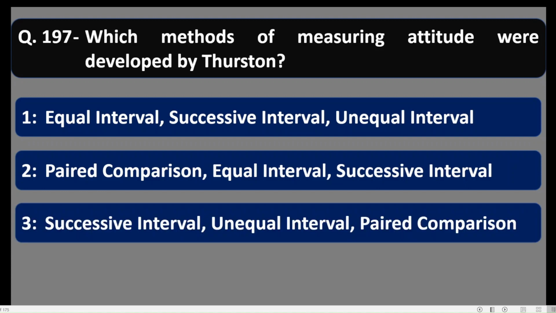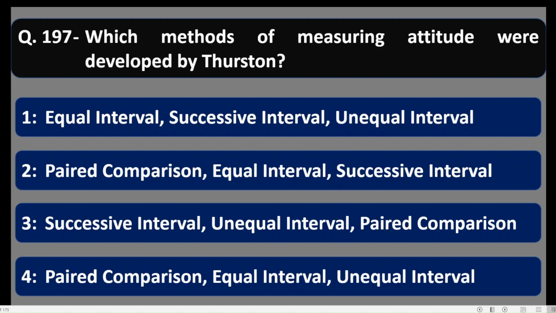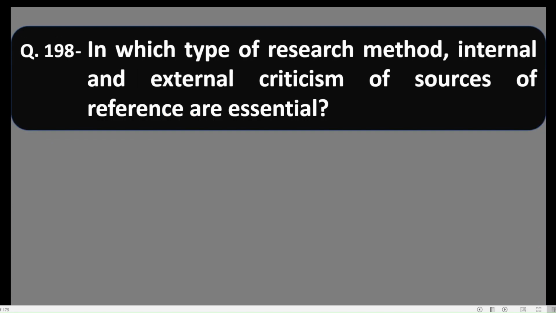Number 3, successive interval, unequal interval, paired comparison. Here again, unequal interval has come, so it is false. Number 4, paired comparison, equal interval and unequal interval. Here again, unequal interval has come. So the correct option is 2. Thurstone has given 3 methods for measuring attitude, and those 3 are paired comparison, equal interval, and successive interval.